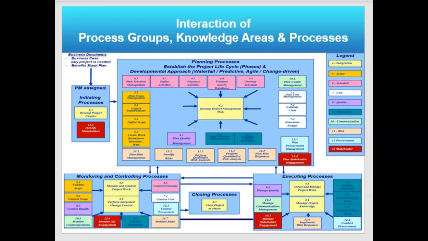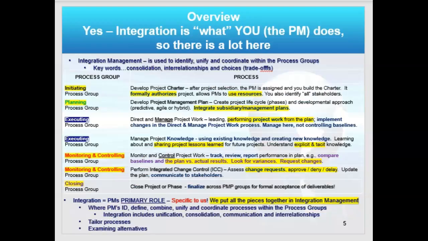That's all about measure, looking for variances, and if there are variances, recommending changes, because every change, no matter where it comes from, goes to 4.6, perform integrated change control. And your last process, 4.7, close project or phase. So that's kind of how they all tie together.